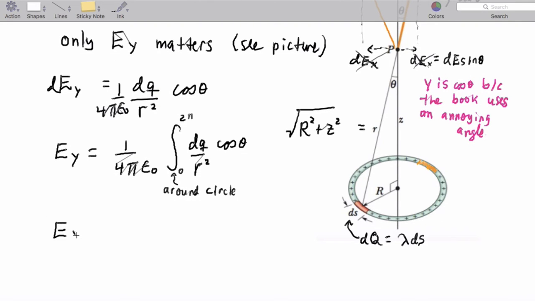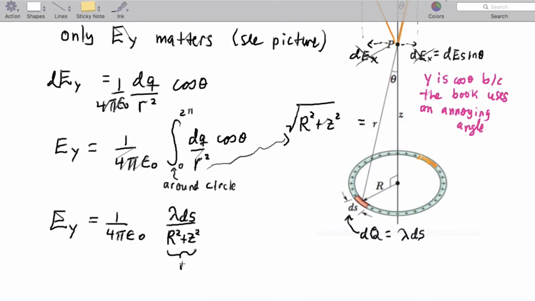So I have Ey equals 1 over 4 pi epsilon naught, dq, which again is lambda ds, over this value right here, r squared plus z squared, that's just the r squared substituted in, times cosine of theta.